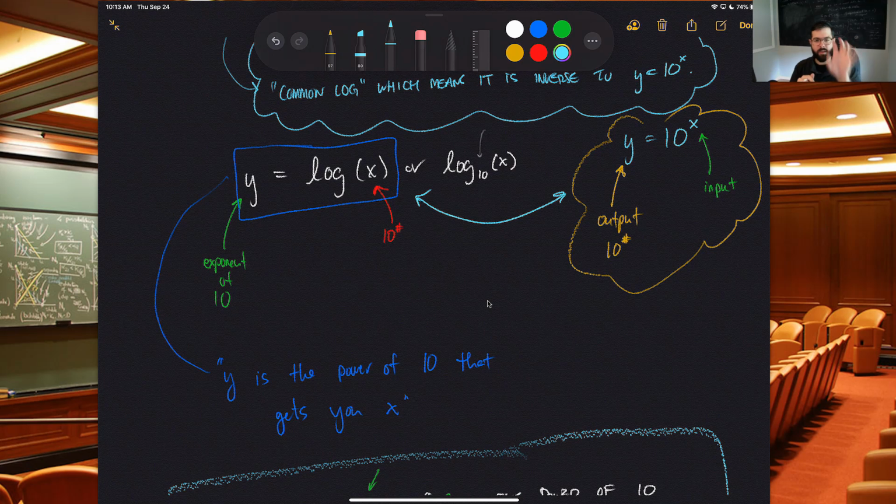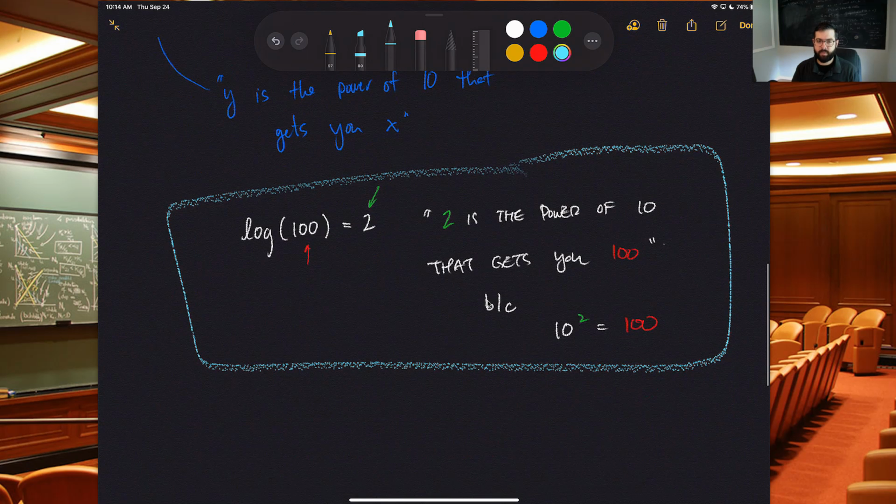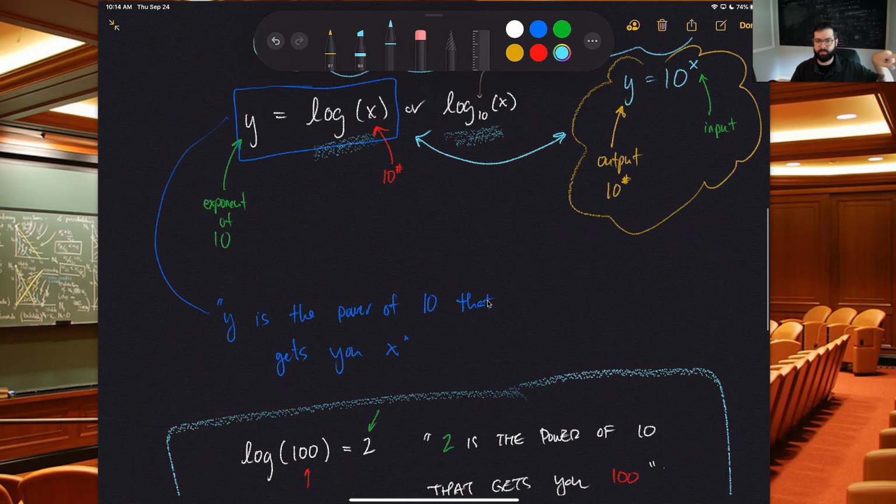Okay, so log or common log, sometimes it's written this way, most of the time it's written this way, is the inverse to 10 to the x. So the input and output get switched. So what's inside the log is what you get when you raise 10 to the power of whatever y is.